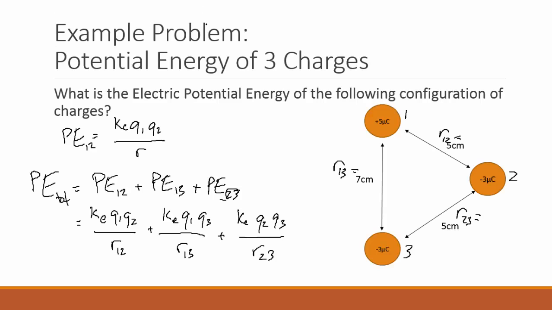That's 9 times 10 to the 9th Newton meter squared per Coulomb squared. And then I'm going to have charges 1 and 2 multiplied together. Charge 1 is 5 microcoulombs. I'll use 1 and 2 first. This one right here is negative 3 microcoulombs.